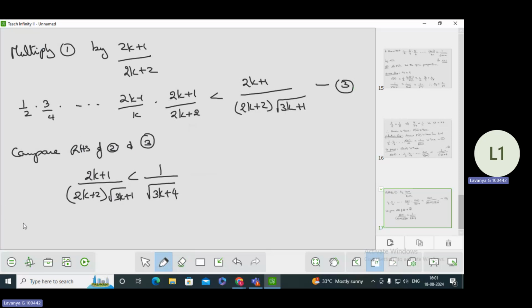Suppose that it is not true. So I write, suppose not. Then what happens? I will get the reverse inequality. So it will be 2k plus 1 divided by 2k plus 2 into square root of 3k plus 1 is greater than or equal to 1 divided by square root of 3k plus 4.